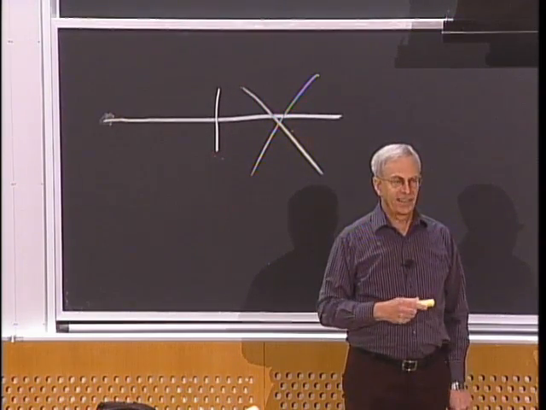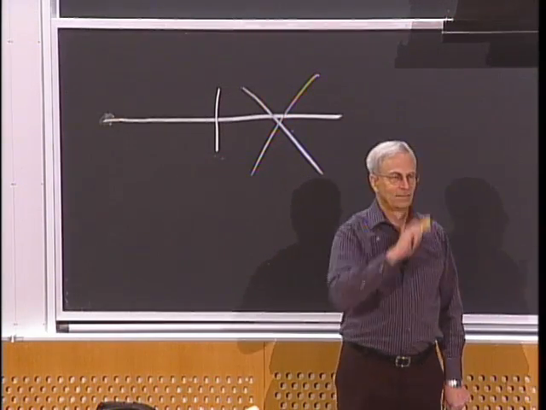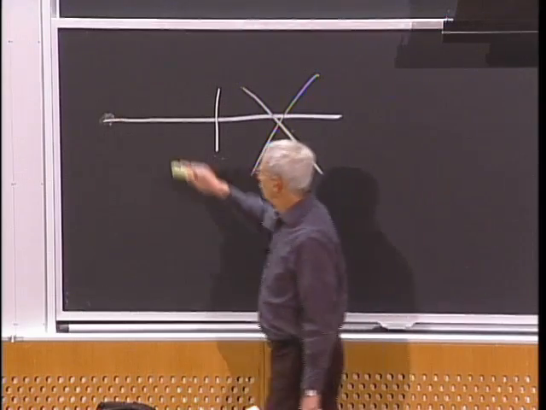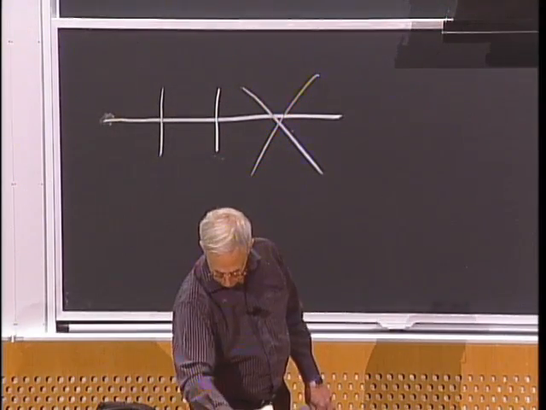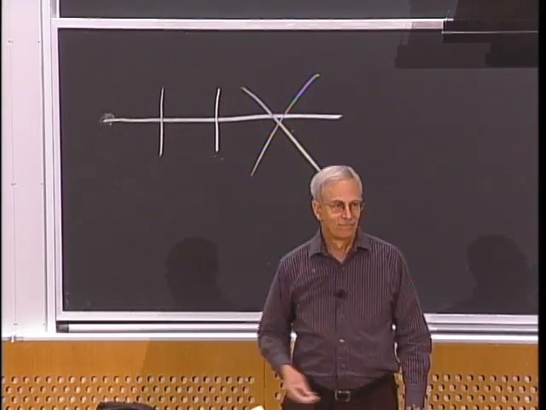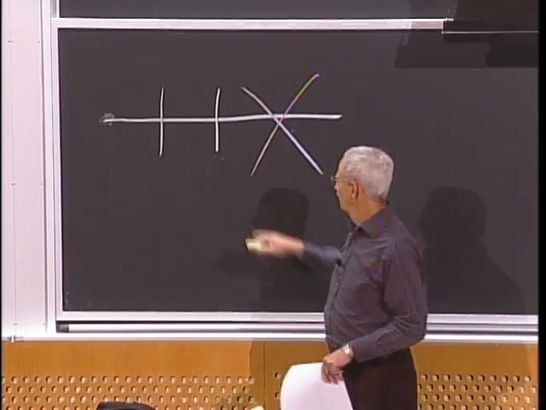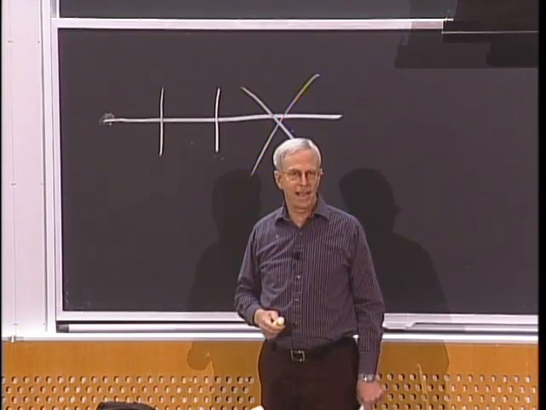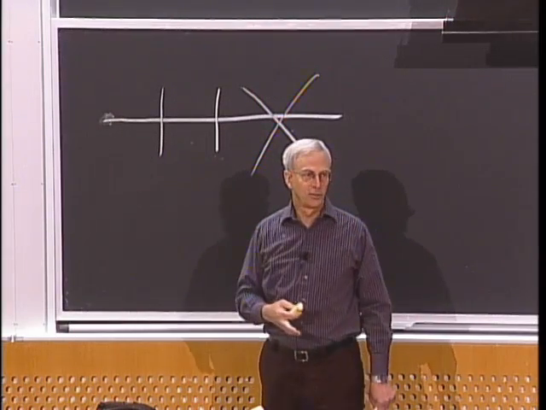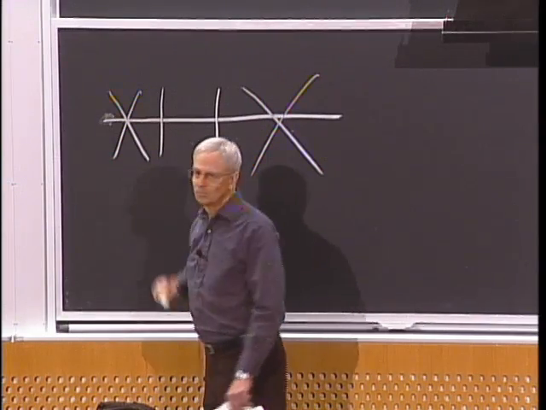Now, what should my next guess be? My next guess should be halfway through there. Exactly. And now you'll note, let's say this time my answer is too small. Then I know I can get rid of this.